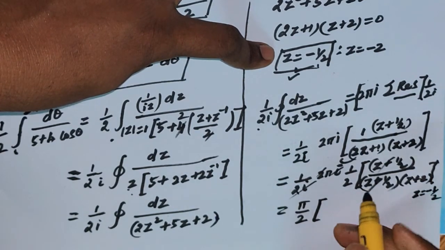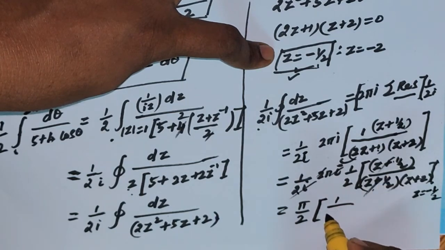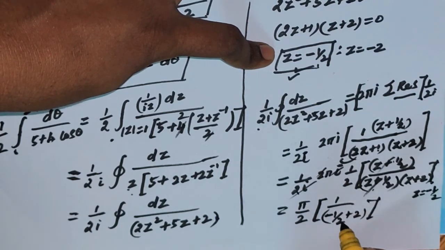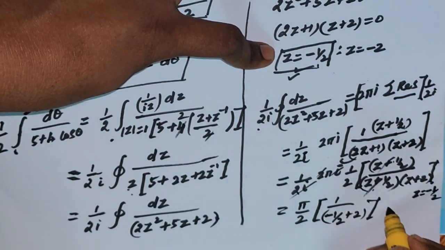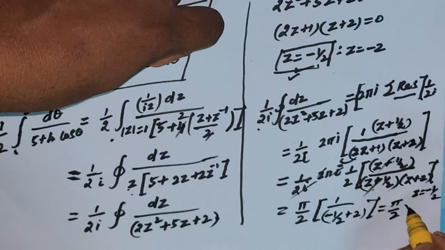If you are substituting that value, because we are removing this factor, so minus 1 by 2 plus 2, you will get 3 by 2. The denominator fraction 3 by 2 becomes 2 by 3, so pi by 2 into 2 by 3, the 2 will get cancelled.